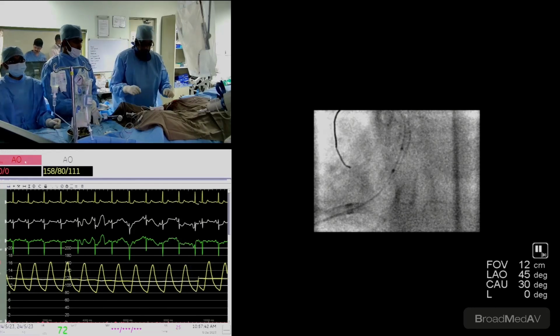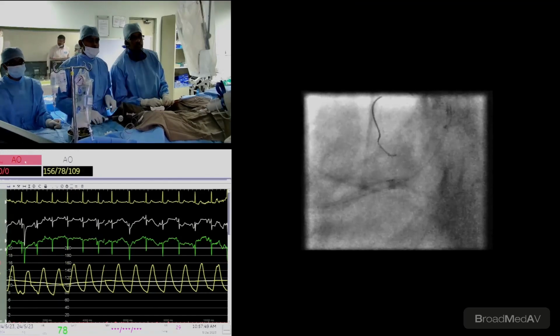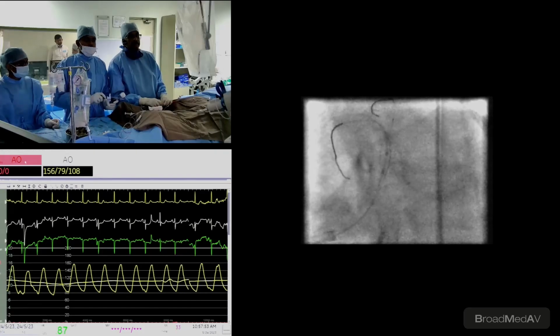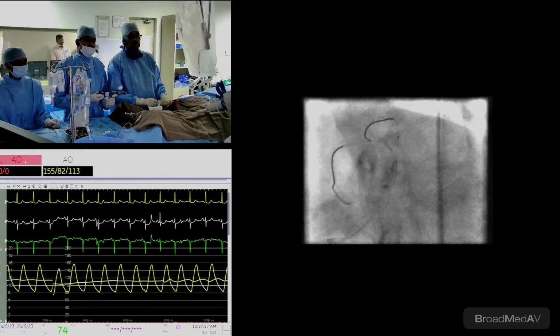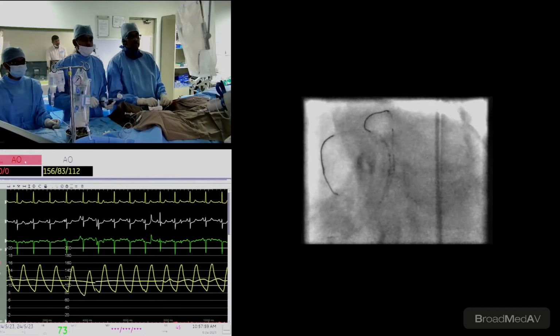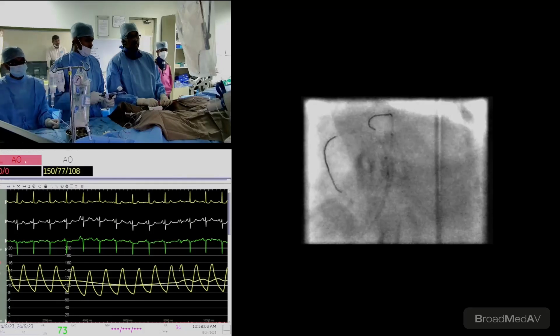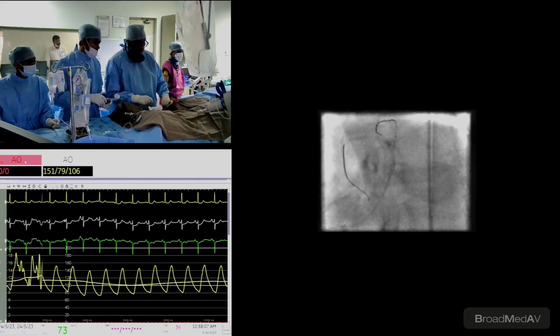Oh, you need to go in. Go up there, please. 10, 14. Deflate. 14. Okay, deflate. I think we've done the POT there.